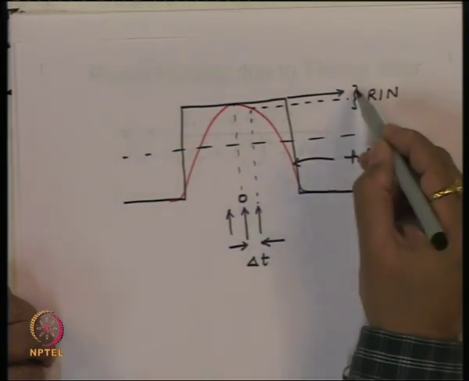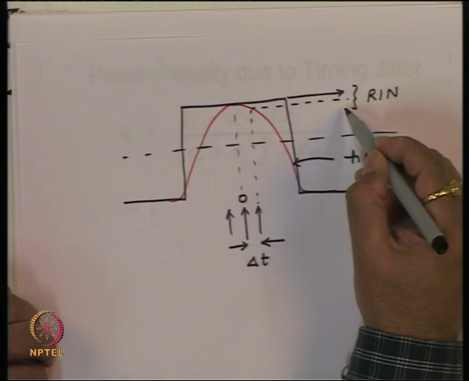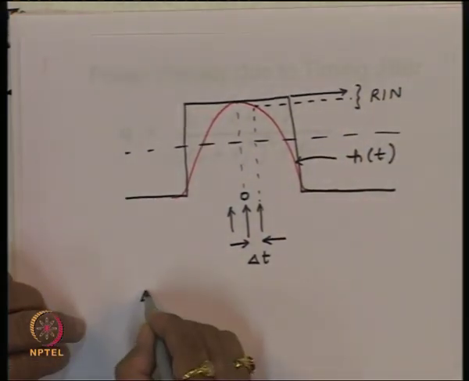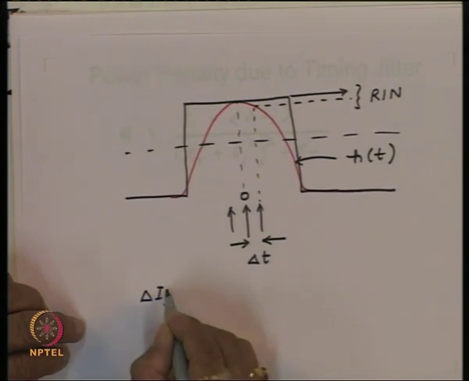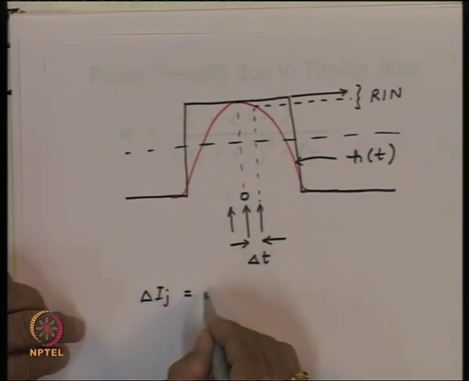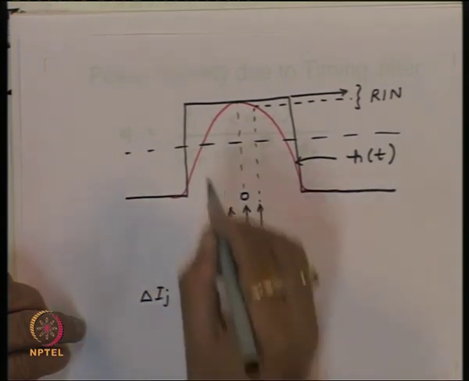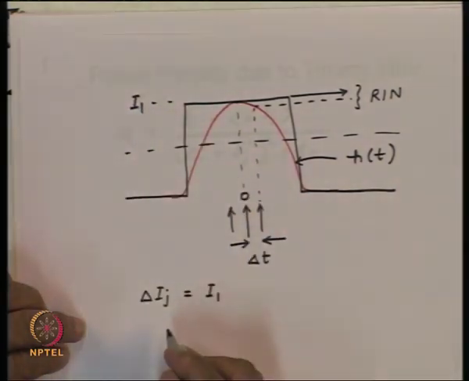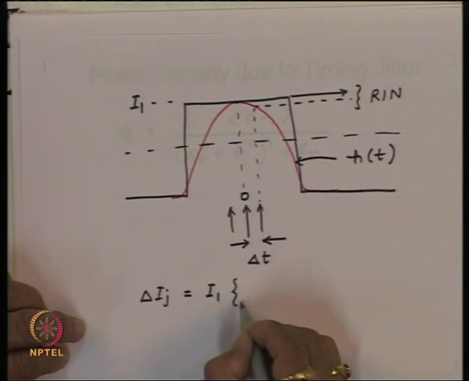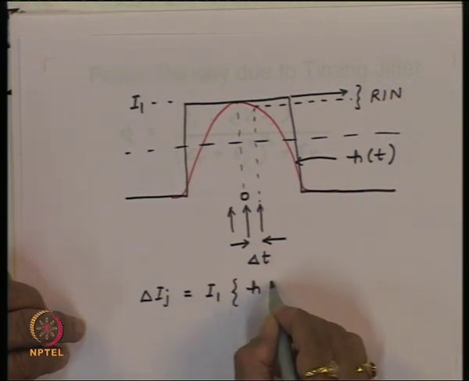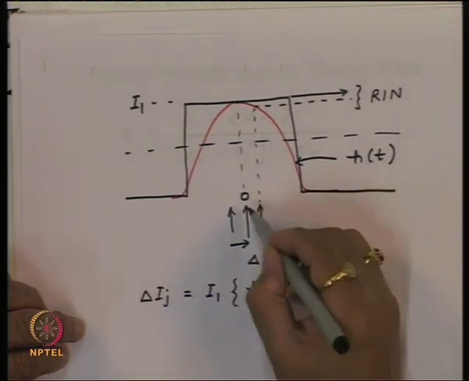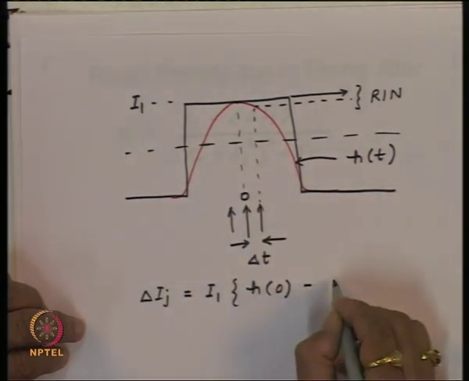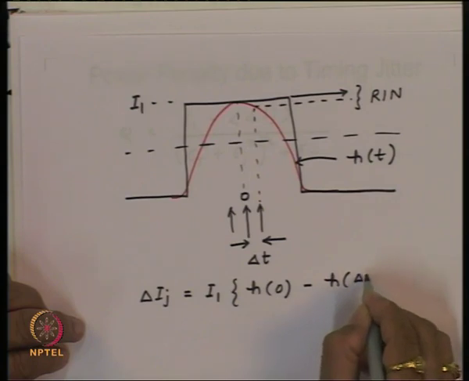So, the amplitude change which we are going to get will be delta I j, that will be I1, which corresponds to this level, into h of 0, that corresponds to t equal to 0, minus h of delta t.